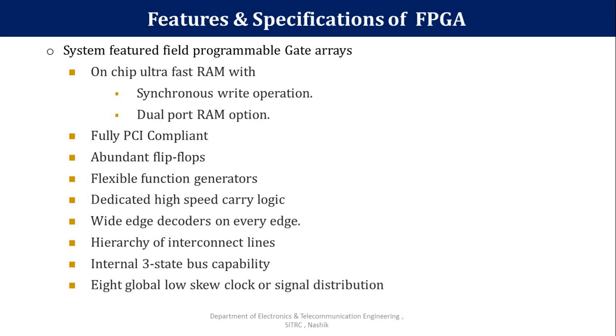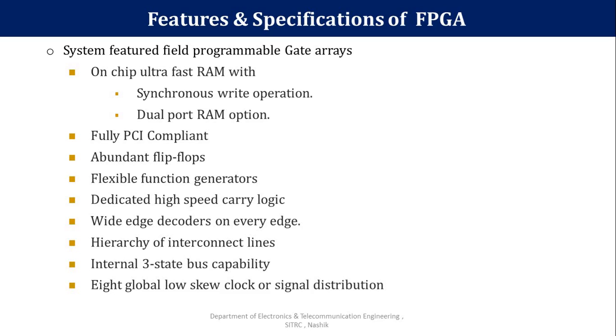Now let's discuss the features and specifications of the FPGA family. These are the system features of the field programmable gate array. They consist of on-chip ultra-fast RAM cells, with features like synchronous write operation and dual port RAM options. They are fully PCI compliant devices.